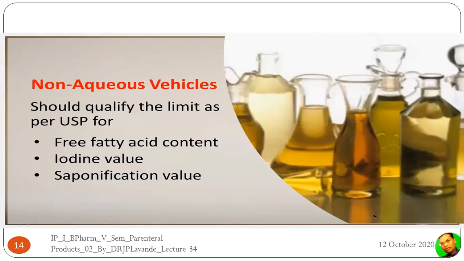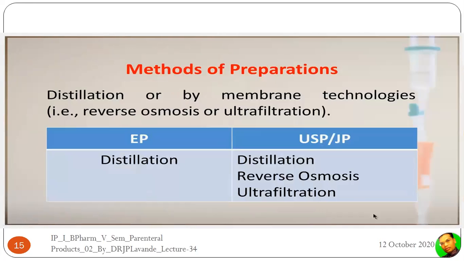The non-aqueous vehicles should qualify the limit as per the USP for free fatty acid content, iodine value, and the saponification values. As far as the method of preparation of water is concerned, it is distillation or membrane technology, like reverse osmosis or ultrafiltration.